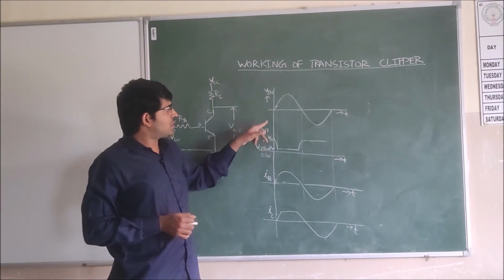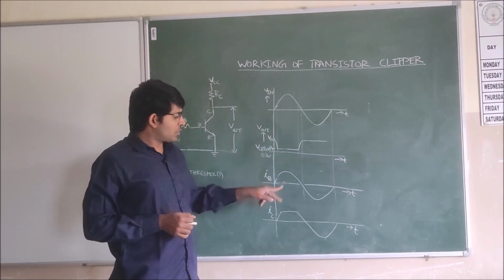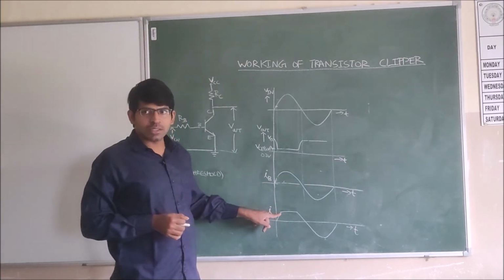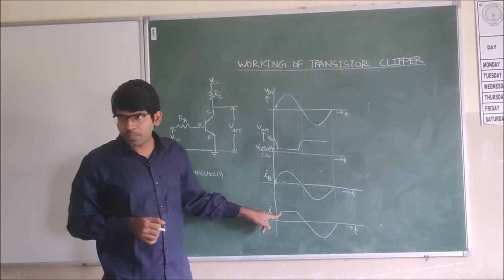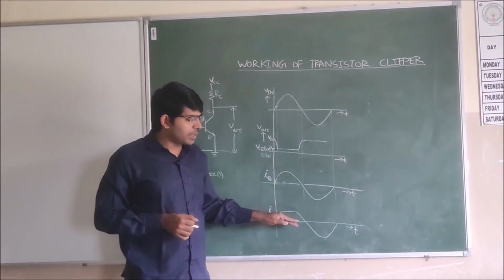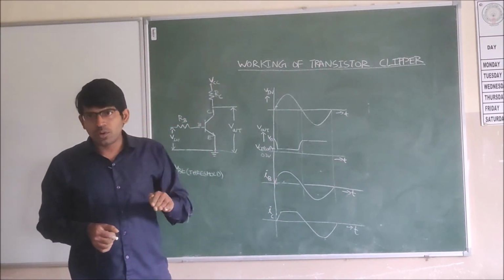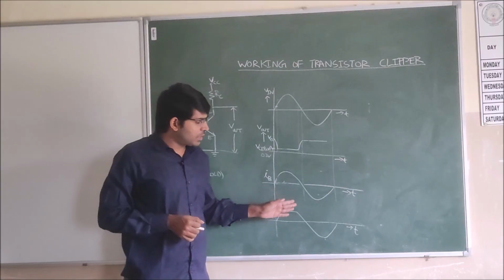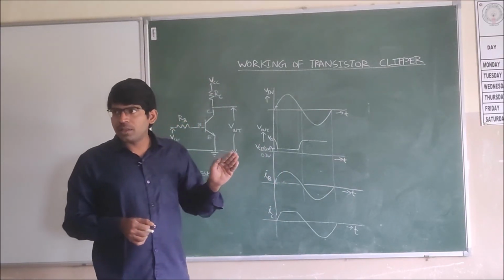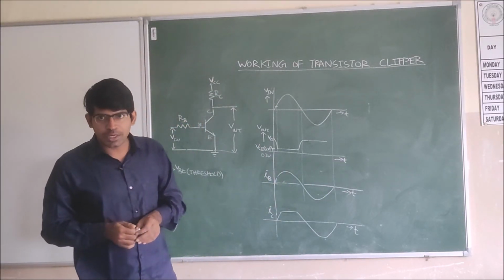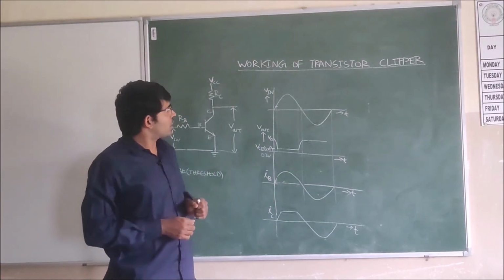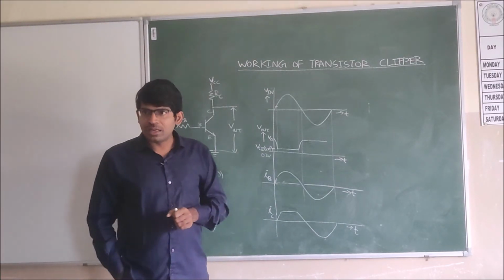By changing the VCC, we can control it, and because of that this clipped current signal can also be controlled. Until now we have discussed clipping in the voltage signal. Here we are discussing clipping in the current portion also, with respect to the transistor. This is the working of the transistor clipper.